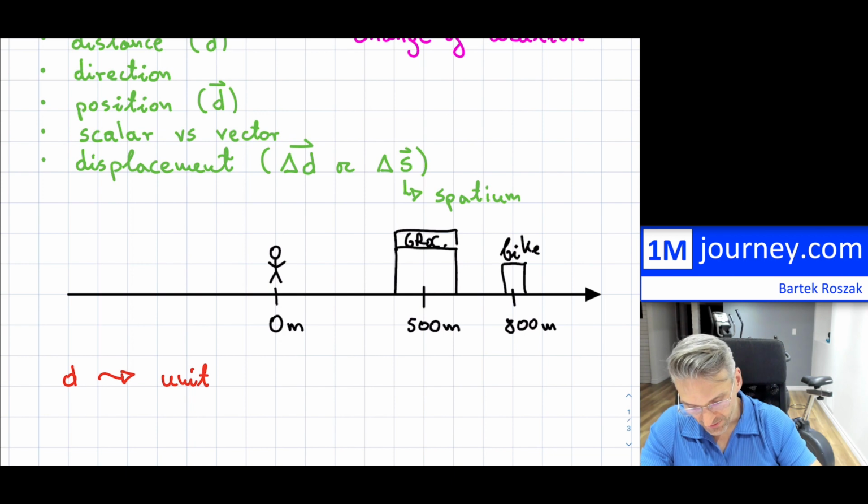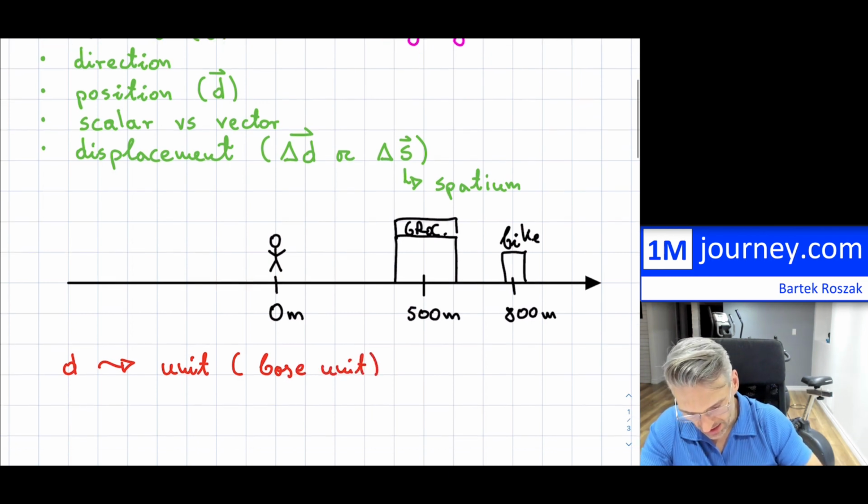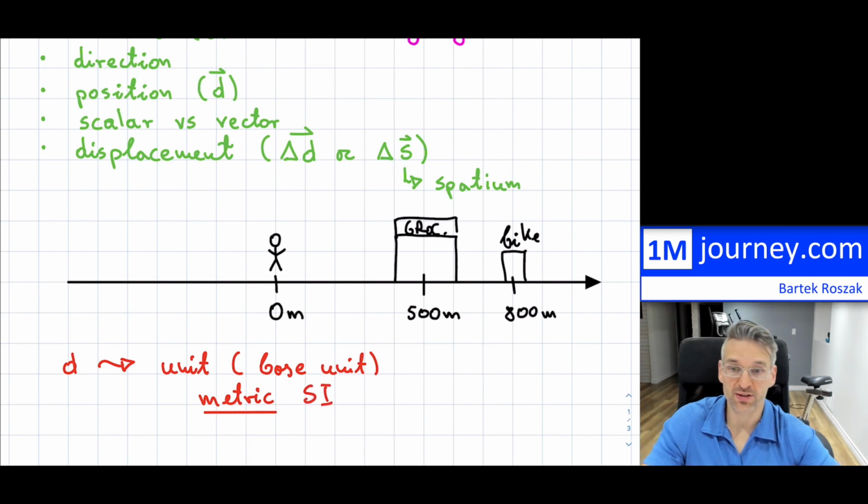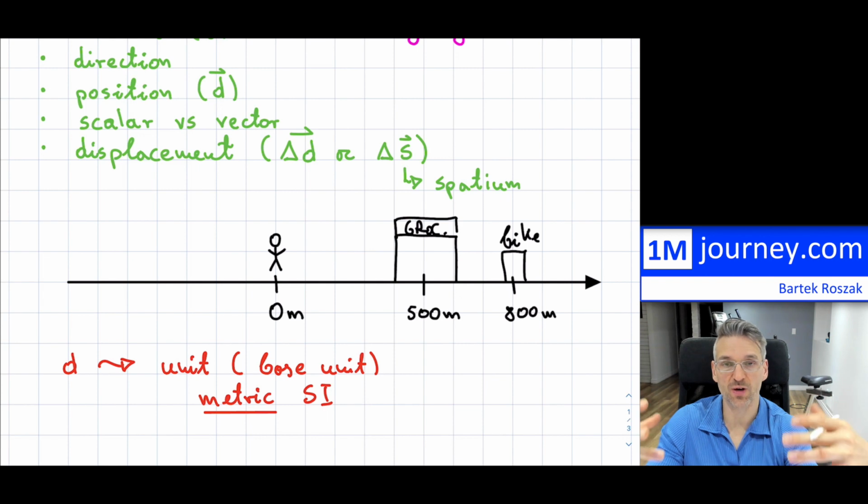But in physics, we always have a standard unit. This particular standard unit, we sometimes call the base unit, and when you're studying this in grade 11, you most likely are going to be studying this in terms of the metric standards. Sometimes you'll see the symbol SI, which just means Standard International. This is kind of the standard, just like you have a grammatical standard in English, you also have a standard in terms of units.